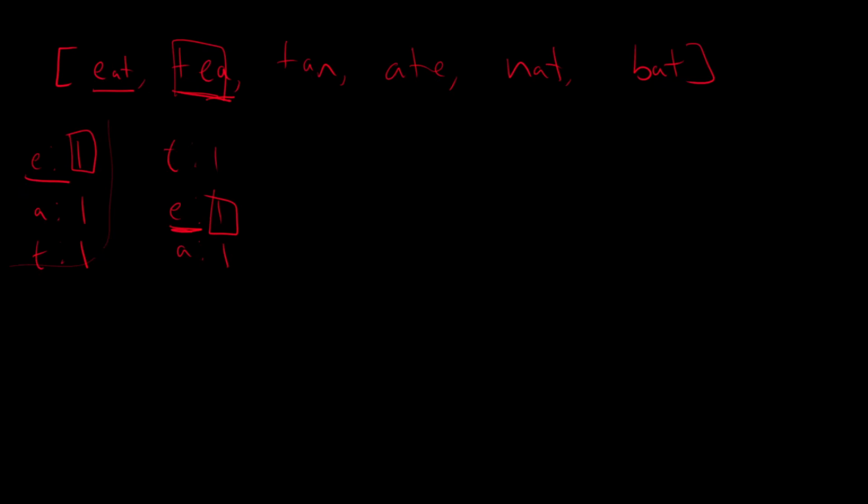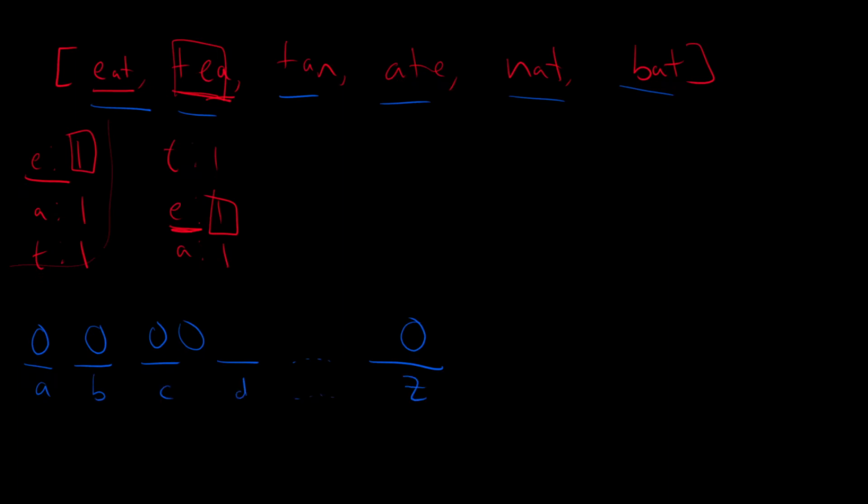And the way we're going to do that is for every single string inside this array of strings, we're going to convert it to this almost binary looking code where every index we're going to keep track of how many characters. So we're going to start with 0, 0, 0, 0 all the way up to 0, and these indices are going to represent A, B, C, D all the way up to Z. And these zeros are going to represent their count.